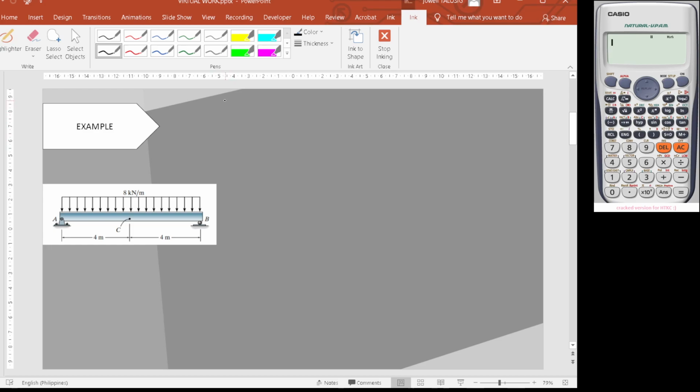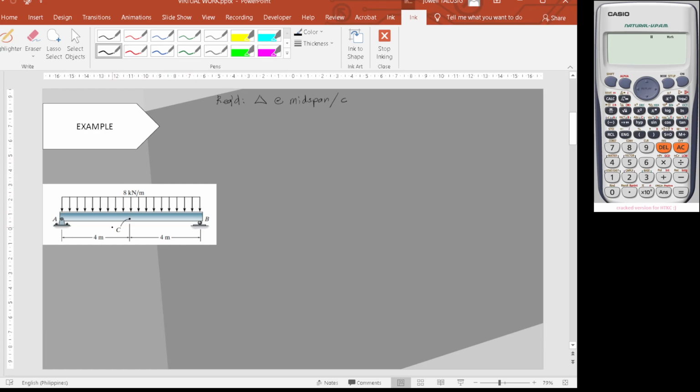The required here will be delta at the midspan of the beam, or at point C. As you can see, there are two segments here: segment AC and segment BC.